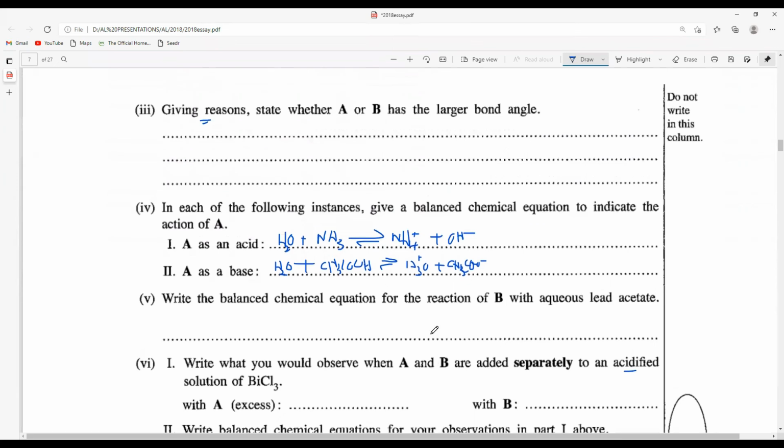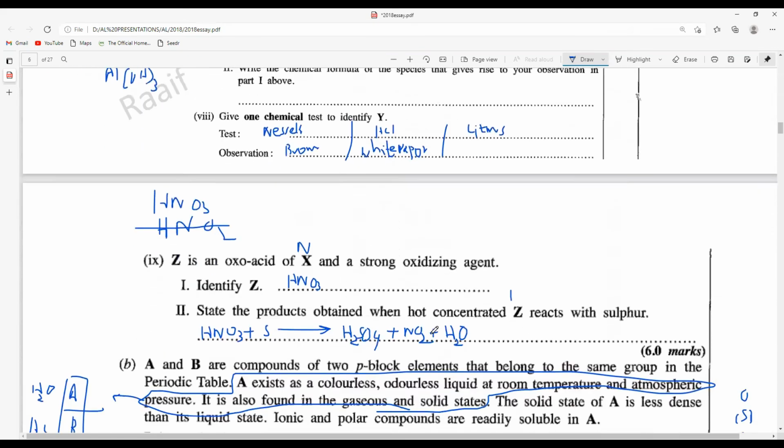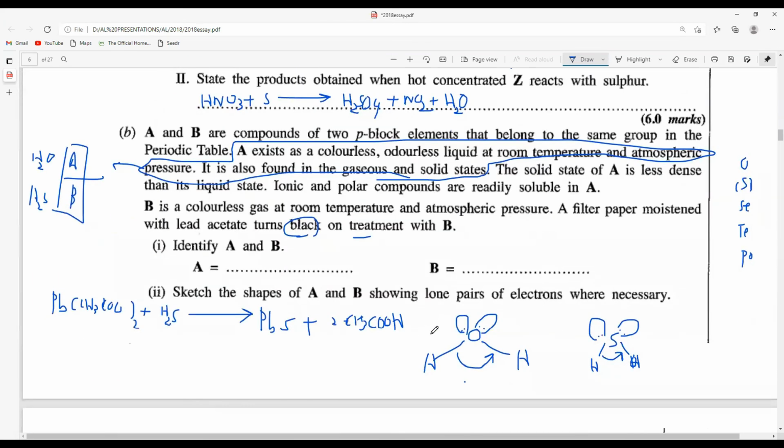And this summarizes our discussion on this second question as well. So you see here, there is a little bit of reaction that you need to know here. So I told you before, now everything will be within your theory syllabus. So more or less you can get full marks if you know your theory really well.